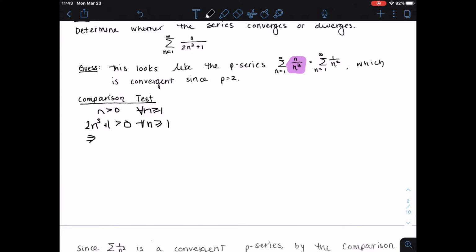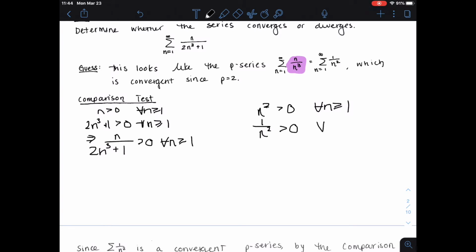So if you look at the ratio of these two, this is definitely positive for all n greater than or equal to 1. And the same is true about the other series. You can use the n cubed, you can use the n squared for this one, doesn't matter. n squared is greater than 0 for all n greater than or equal to 1. So the reciprocal is also positive. Okay, so this shows both of our series have positive terms.